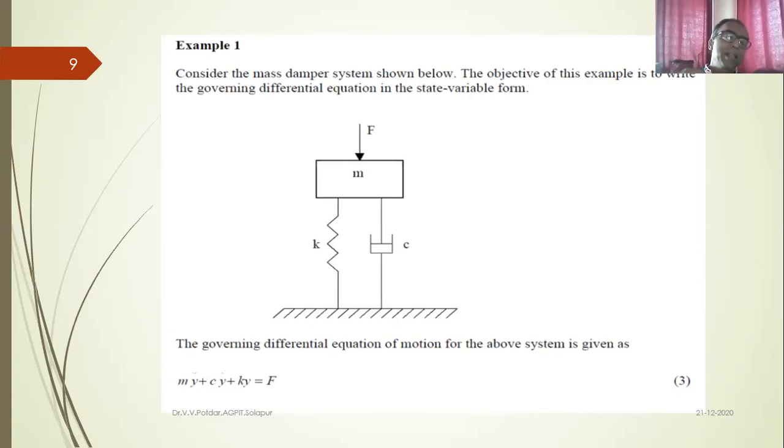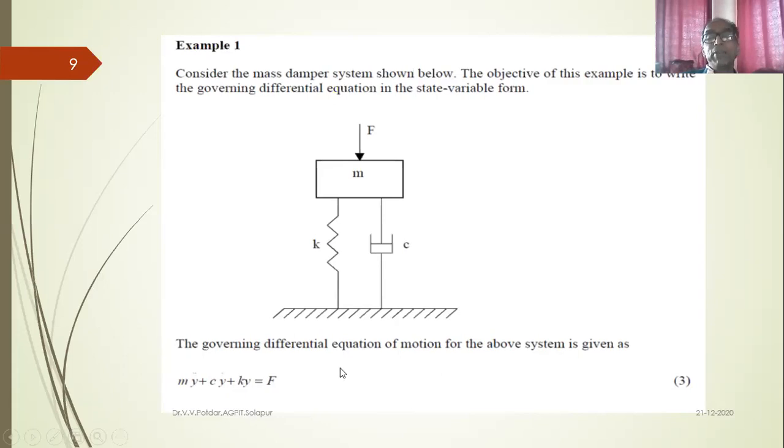Otherwise the equation is the same. So it is nothing but m d square y plus c dy plus k y is equal to f, or in Laplace transform terms, (m s square plus c s plus k) Y is equal to F.